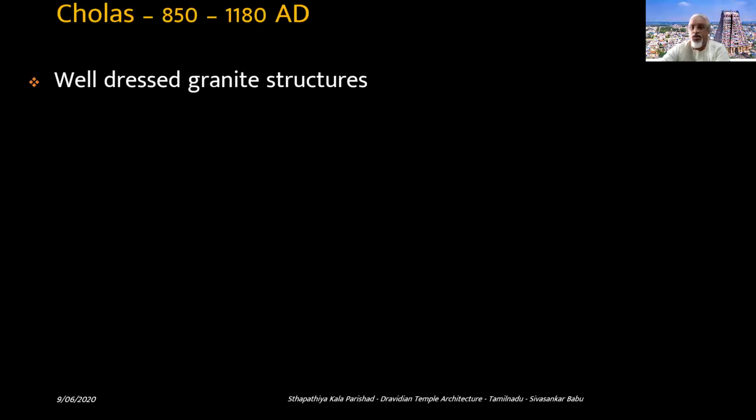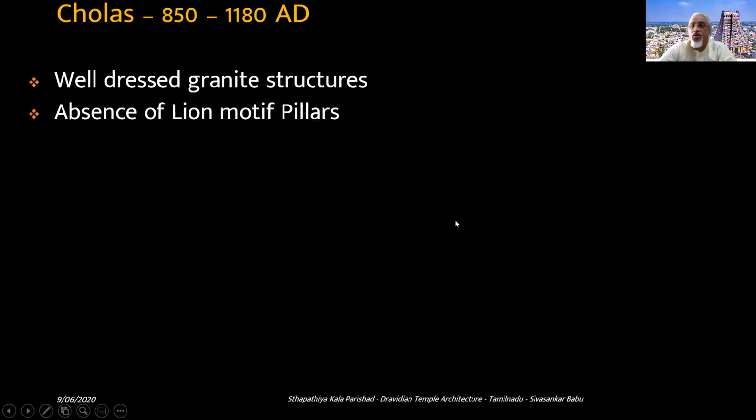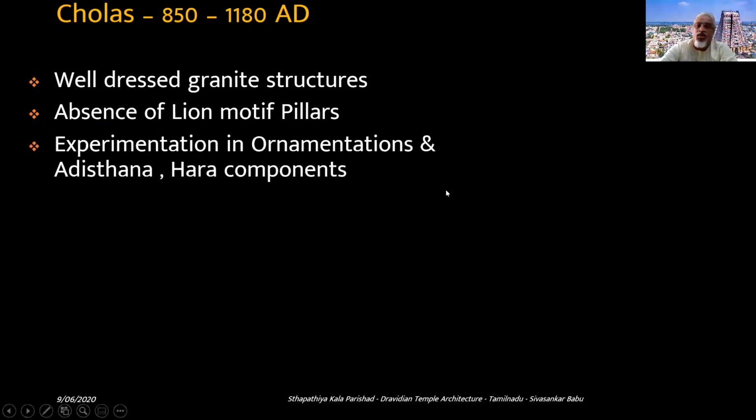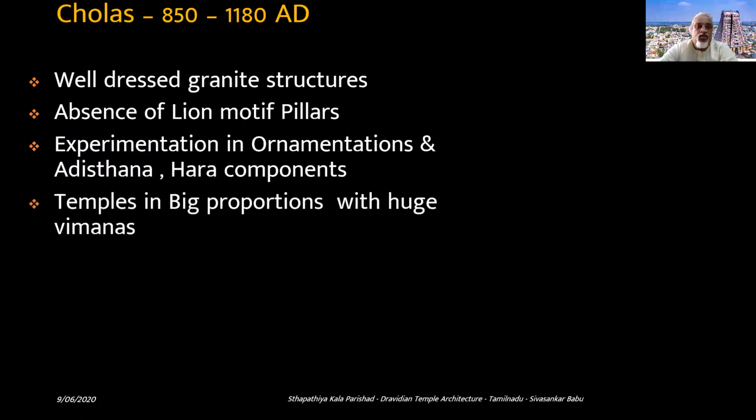During this time, the key architectural points for the Cholas are that the granite finish was very good, well finished, because the workmanship and engineering were very good. The famous lion pillars are missing in Chola temples. They are more into kumbhas and sambas, and only in a very late period do the lions appear again. There was a lot of experimentation in varieties of adhishtanas, hara components, and ornamentation of walls continues.